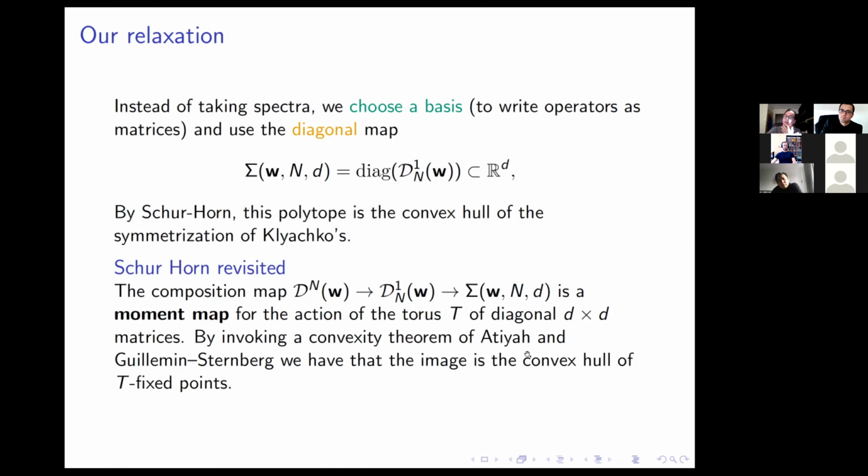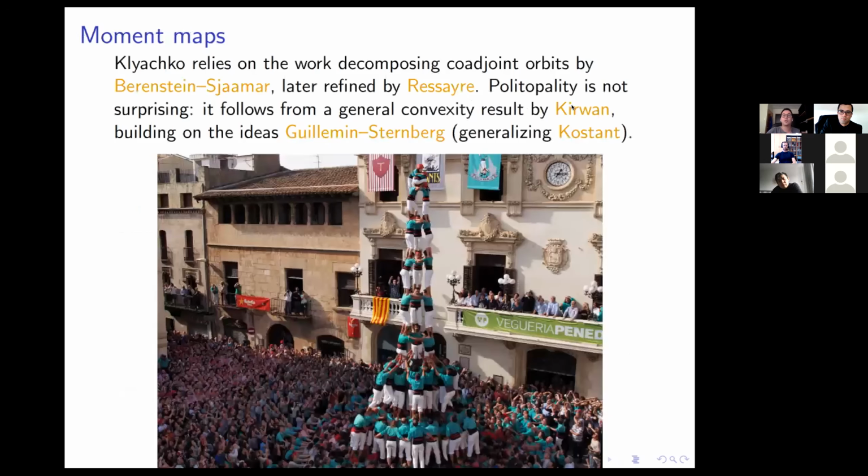This is the theorem that Atiyah, Guillemin, and Sternberg were talking about. They were looking at the case where you act by a torus, which is simpler. Here we have a unitary action, which is non-abelian, which makes things more complicated. This is why I was referring to a more general convexity result by Kirwan.